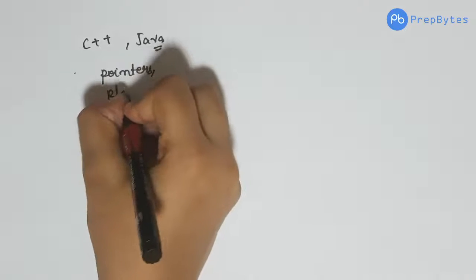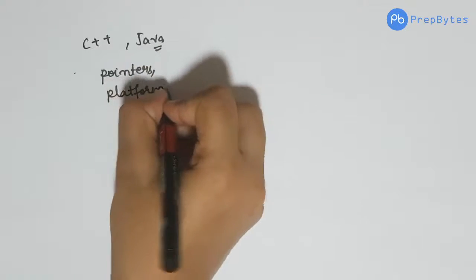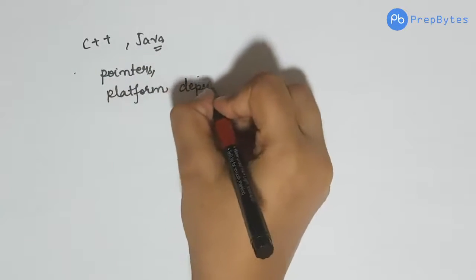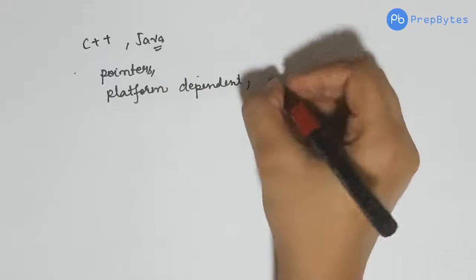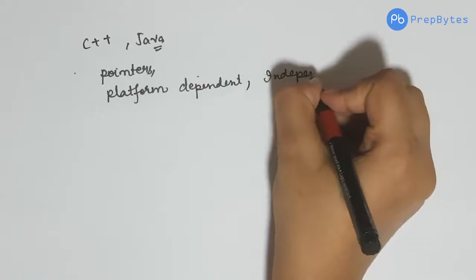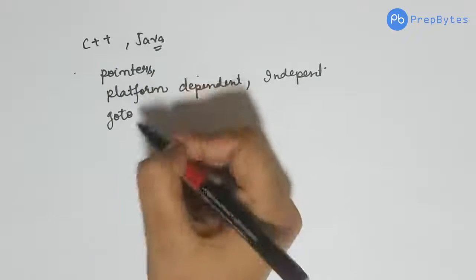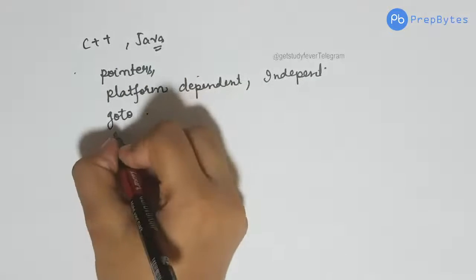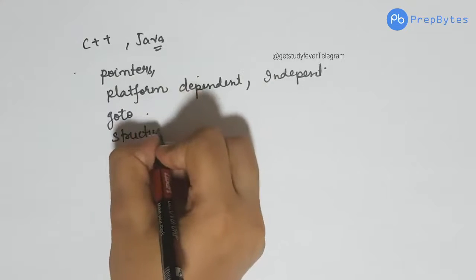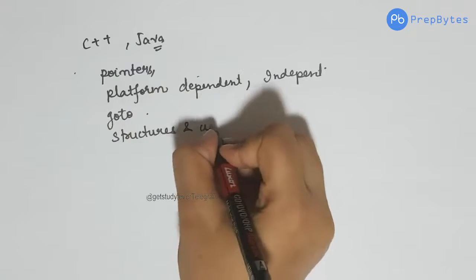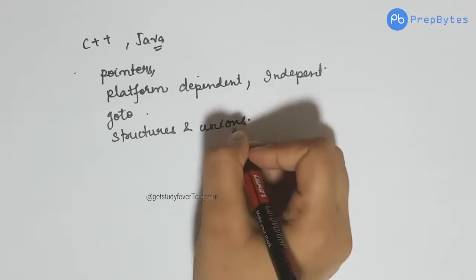Another difference is C++ is platform dependent, whereas Java is platform independent. Then we have goto keyword in C++ and we don't have goto keyword in Java. Again, we have structures and unions in C++ and we don't have structures and unions in Java.